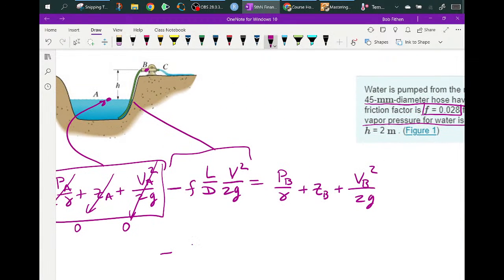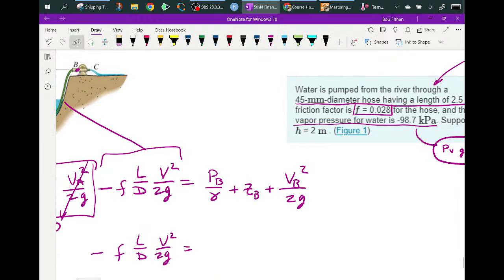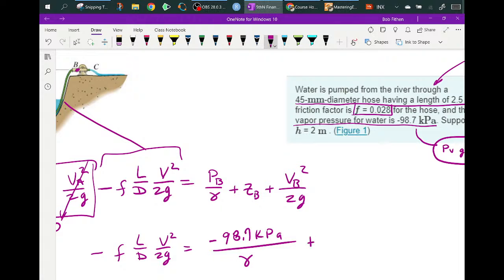And so what you'll get is minus f L over D V squared over 2g equals to, what's the pressure at B? Minus 98.7 kilopascals. And you'll want to pull those units out. Gamma.